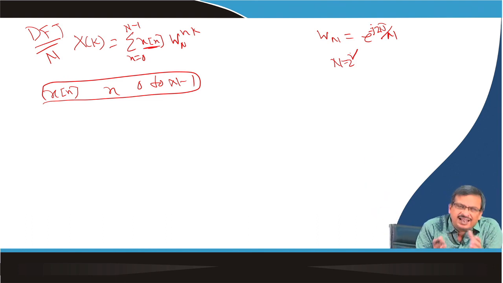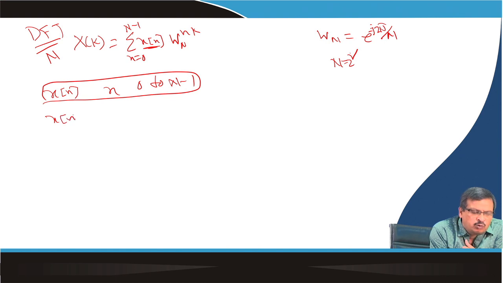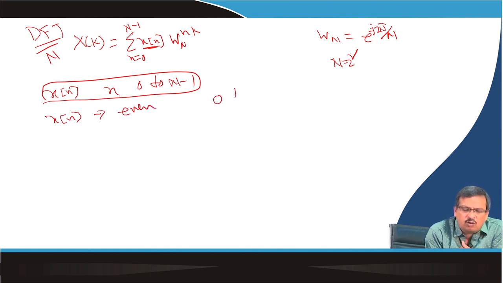Instead of doing that, I am dividing x of n into two sequences. One is called the even sequence, another is called the odd sequence.